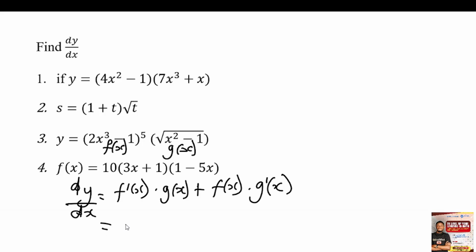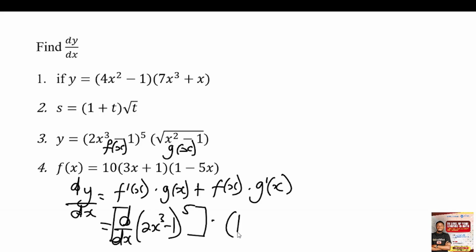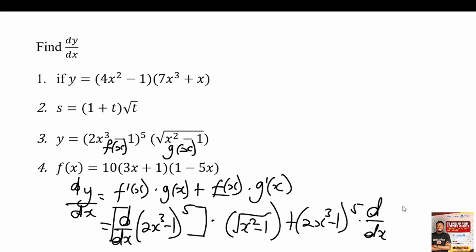Now d dx of the function 2x cubed minus 1, all exponent 5, times root x exponent 2 minus 1 plus, then our function f of x is 2x exponent 3 minus 1, all exponent 5 dot d dx of the second function, which is root x squared minus 1.